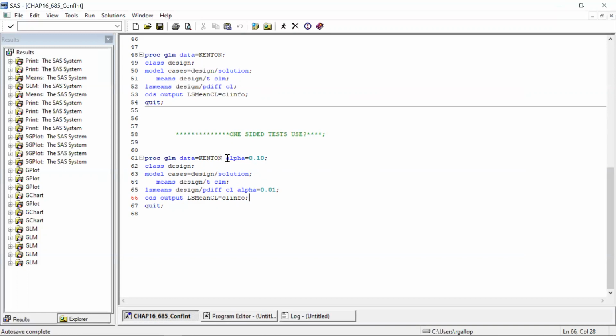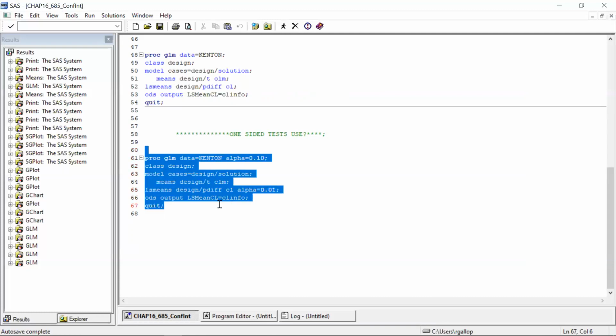The proc line, this is going to create that confidence interval, in this case 90%, for everything in proc GLM, unless you specifically state a different value for alpha in the LS means line. So this is going to be kind of the big dog that's going to do it all, unless you specifically state otherwise. If you don't have this here, then the LS means line will use this alpha.